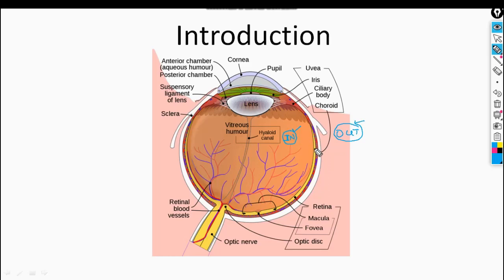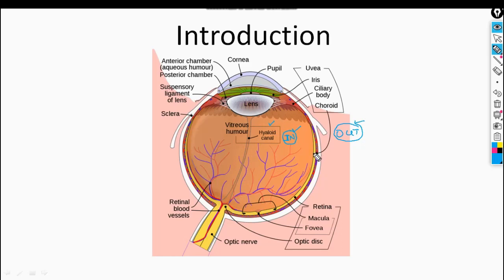So this part of the retina which is facing this side is known as the inner surface. Clear? This inner surface of the retina is covered by the hyaloid membrane, and this hyaloid membrane makes the hyaloid canal, whereas this surface is the outer surface of the retina.